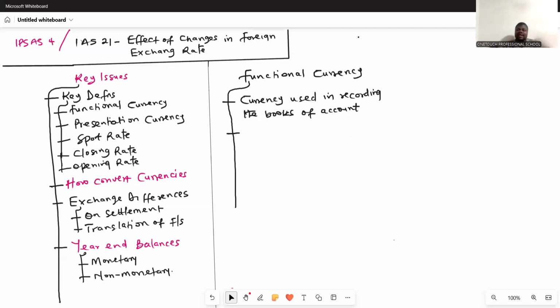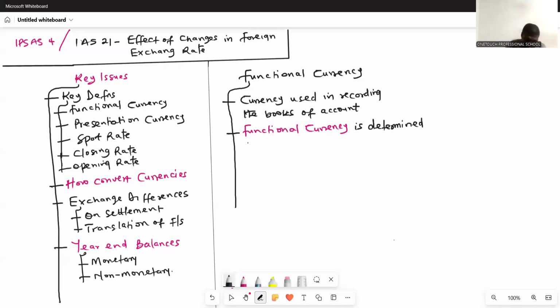It is some factors that come together to determine it.